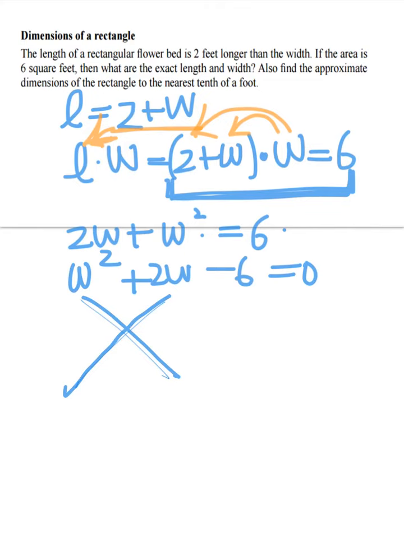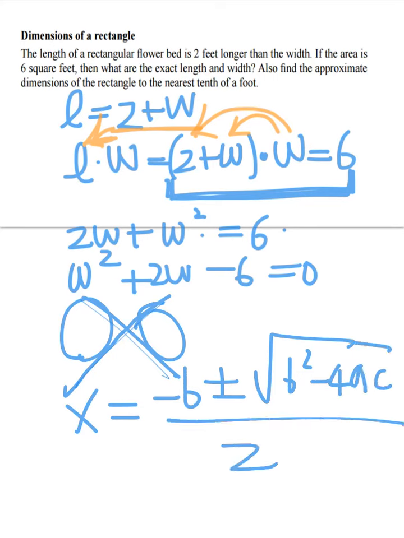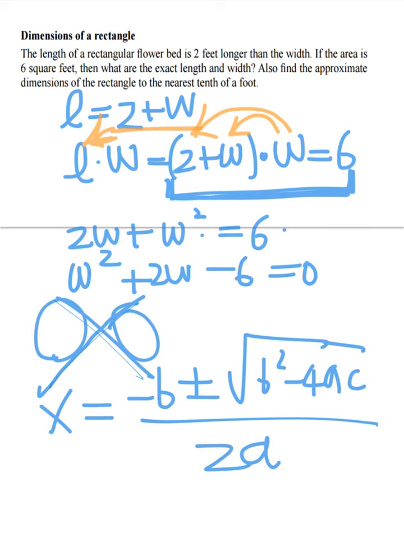So we use the quadratic formula when we cannot find the two values for the sides of the diamond, which I will put right here. x equals negative b plus or minus the square root of b squared minus 4ac, over 2a. So now that I have given you the formula, it'll be really easy to solve for the length and the width of the rectangle. And this is just a general idea of using the quadratic formula and the zero product rule.